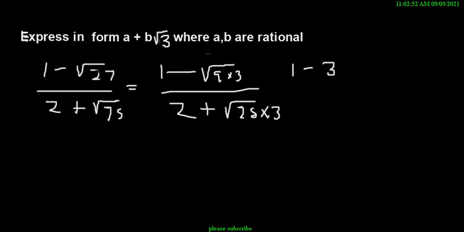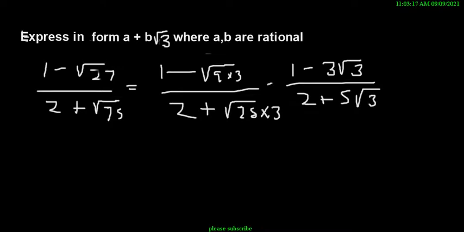So we have 3, and 3 does not have a perfect square, so it stays the same. And we have 2 plus root of 25, 5 times 5 is 25, so I have 5, and 3 does not have a perfect square, so we have this.